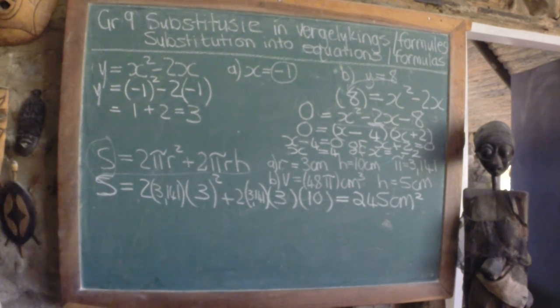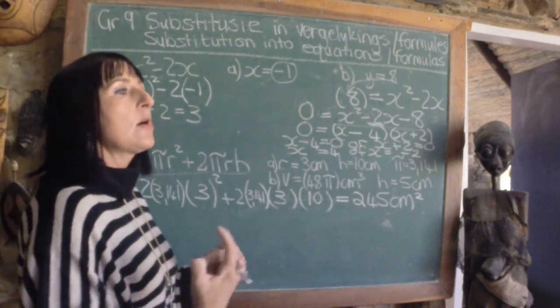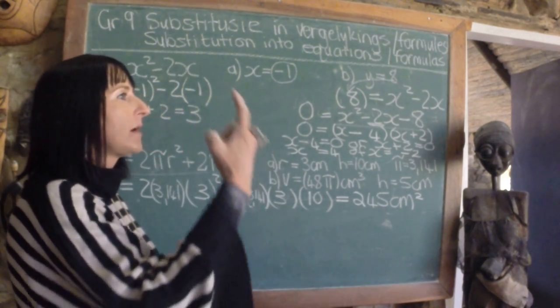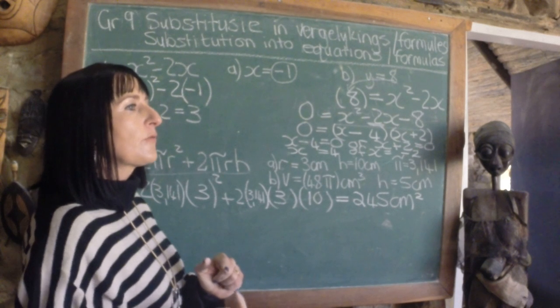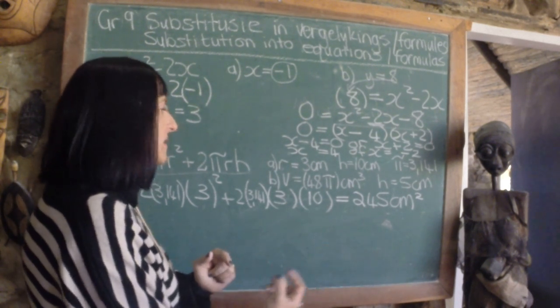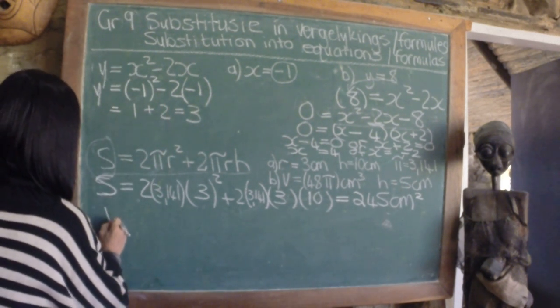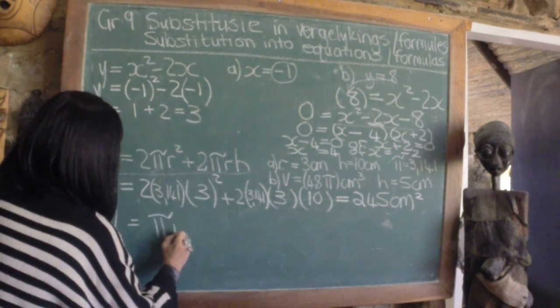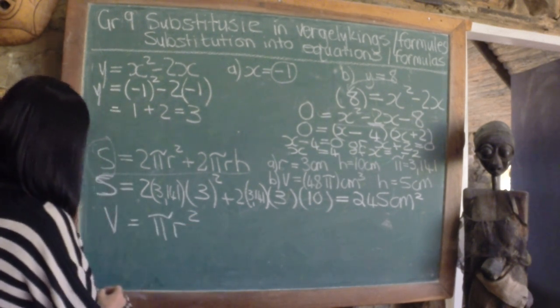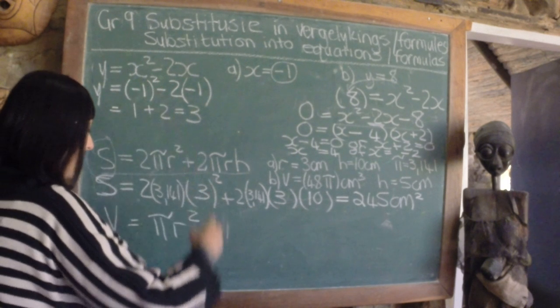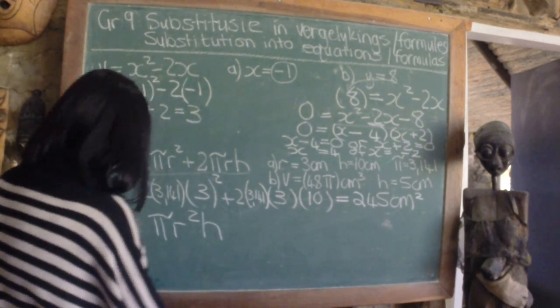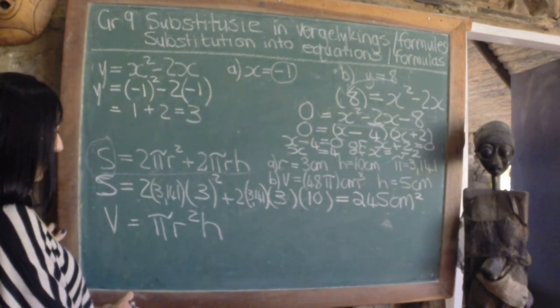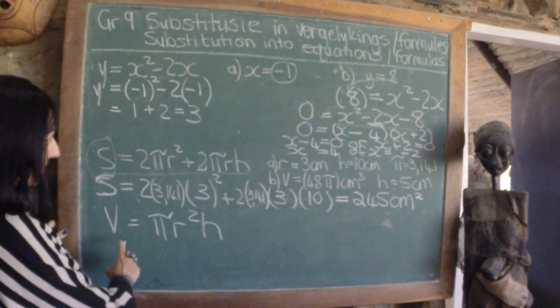The volume of a cylinder, let's quickly think about the formula. It's the area of the base times the height. So the area of the base of the cylinder is a circle. That's the area of the circle, P radius square, times the height of the cylinder. Okay, that's the formula. So let's go and take the values that we've got.